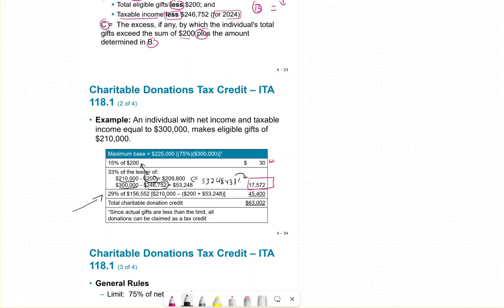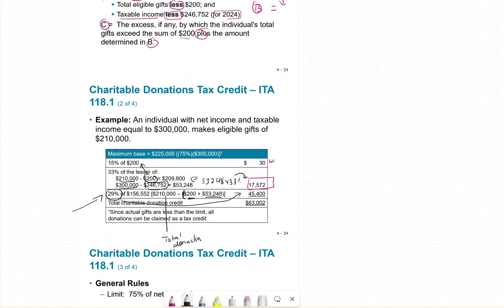This is the total donation. We already got a credit on the 200 at 15%. We already got a credit of 33% on the 53,248. Whatever the leftover is, I multiply by 29%, and we are going to get a credit of 45,400.